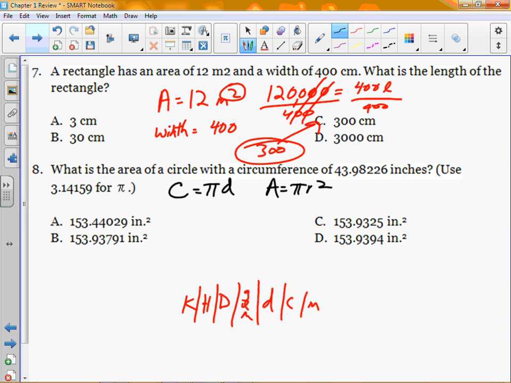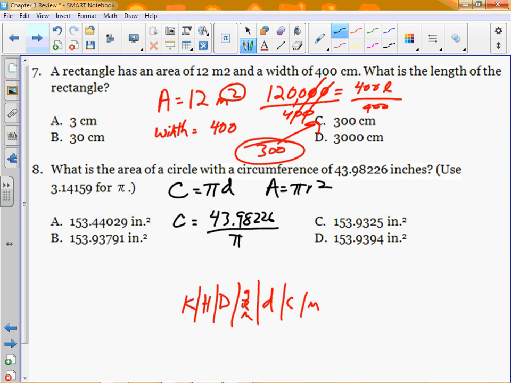What you've got to be able to do is go, okay, the circumference is 43.98226. So I'm going to divide this number by pi, and that will give me my diameter. Does that help me find a radius?